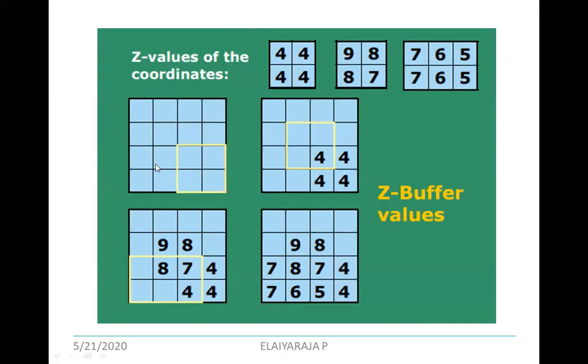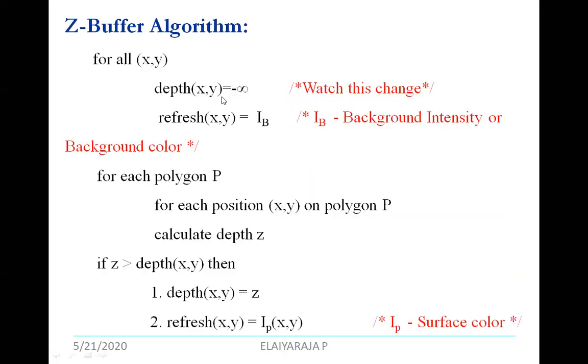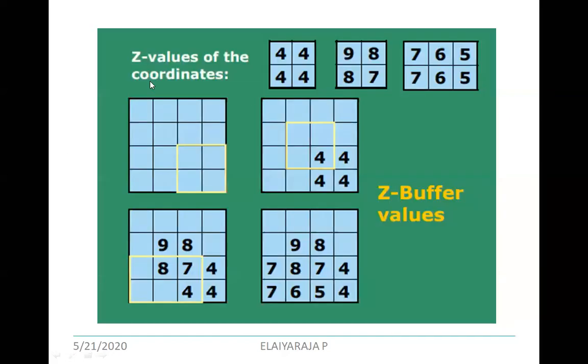By seeing this projection plane pixel, you can write the depth value. Initially it is infinity. Once it is processed, you can replace the infinity with 5. First I am going to process the first set of pixel coordinates, and I have taken this 4 4 4.